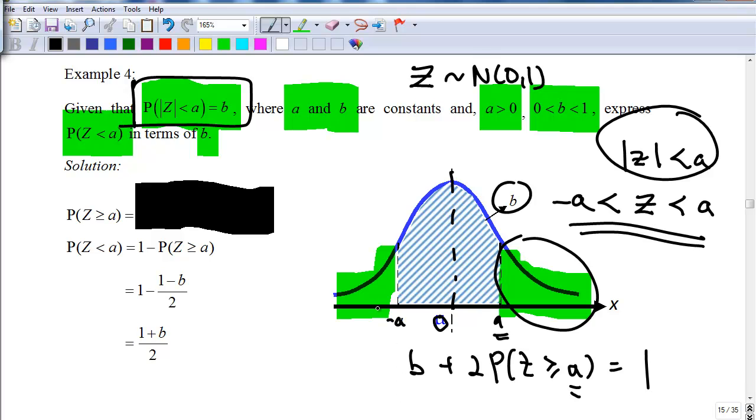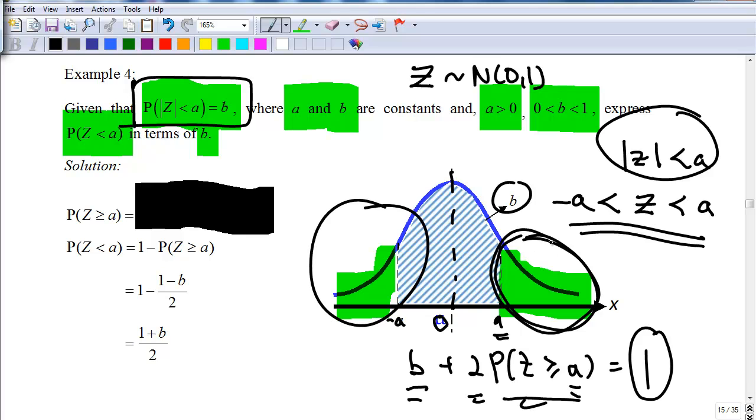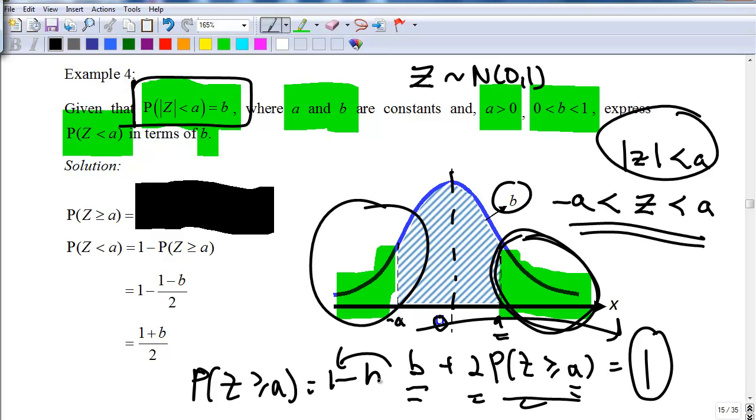In other words, the total area under the graph, which is 1, isn't it just the area that is shaded in b and 2 times this area? Because these two areas are symmetric. Now if that's the case, then you can write down probability z bigger than or equal to a. You bring the b over, you have 1 minus b divided by 2.